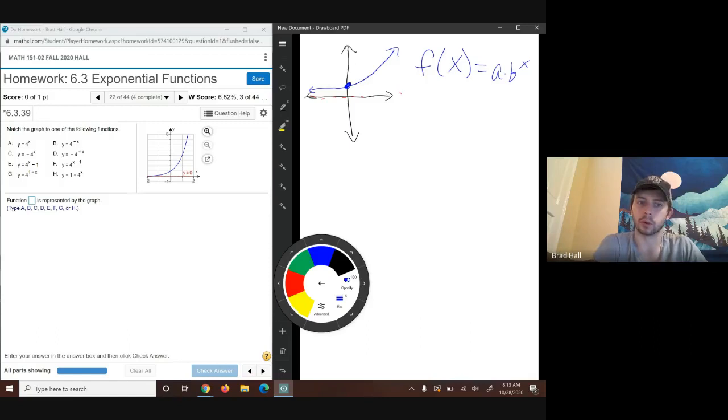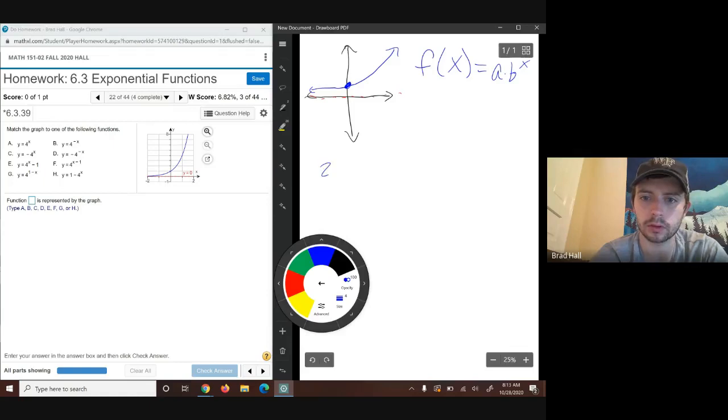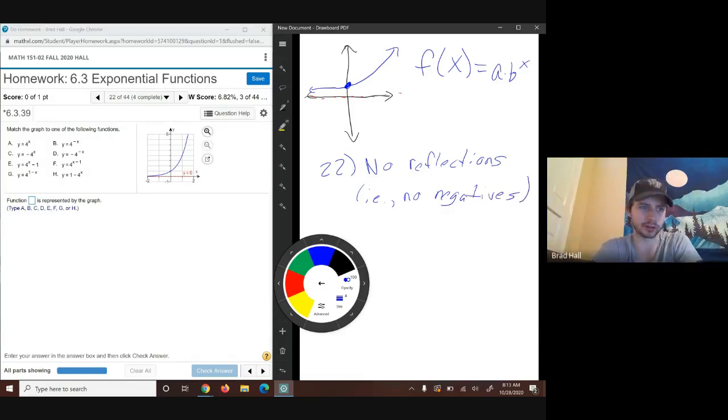So I'm going to assume that there should not be. 22 has no reflections. What this means is no negatives. I shouldn't see any negative signs anywhere, because that normally means a reflection of some kind.